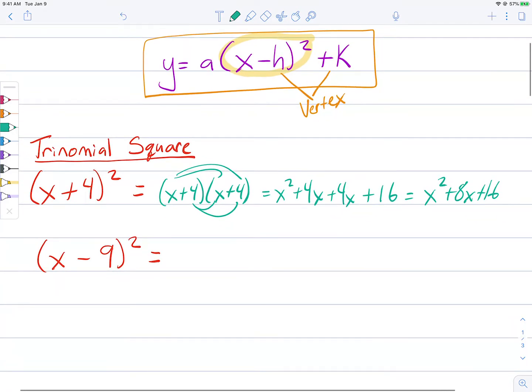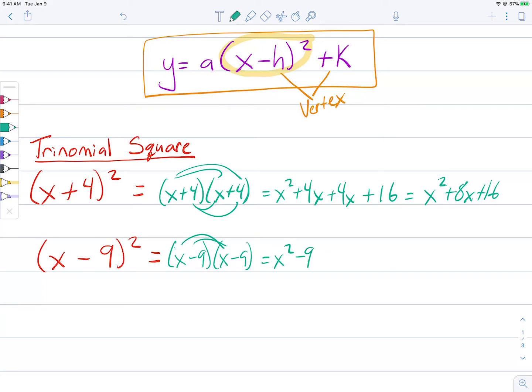If we look at our other one, x minus 9 squared, that's x minus 9 times x minus 9. So that is x squared minus 9x minus another 9x plus 81, which gets us to x squared minus 18x plus 81.